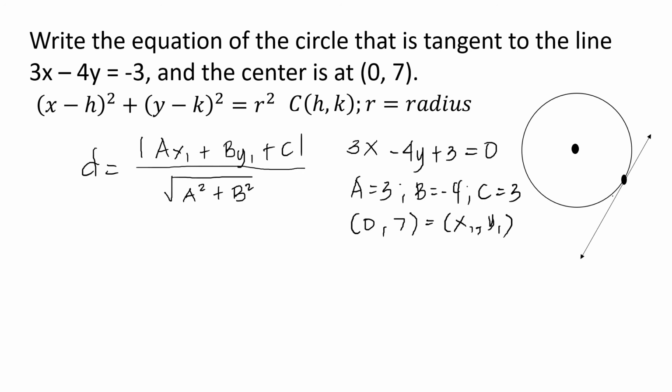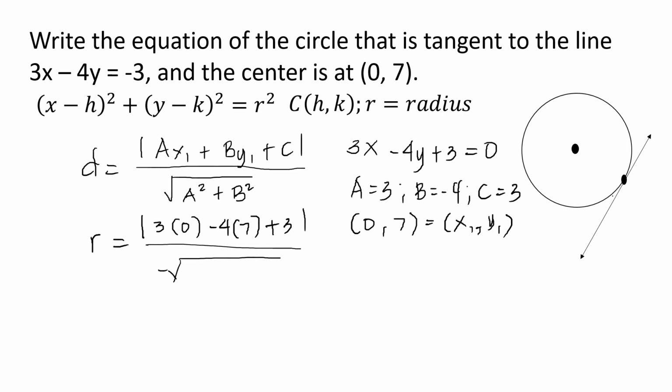Substituting these values to the given formula for the distance between a point and a line, we'll have the distance as the length of the radius, and that is equal to the absolute value of 3 times 0 minus 4 times 7 plus 3 all over the square root of a squared, that is 3 squared, plus b squared, that is negative 4 squared.